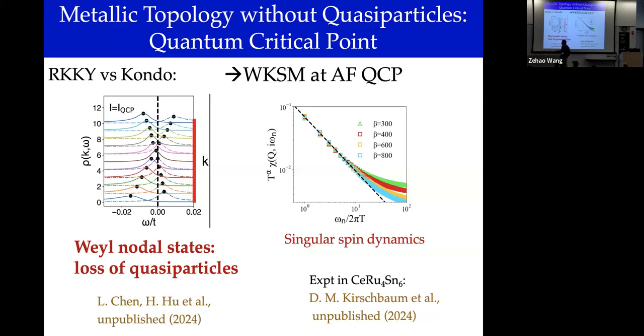And in fact, there's an experiment in Vienna in this compound, which already had almost self-organized criticality in this quantum criticality, and they have evidence for topology developing out of such a non-Fermi liquid state.